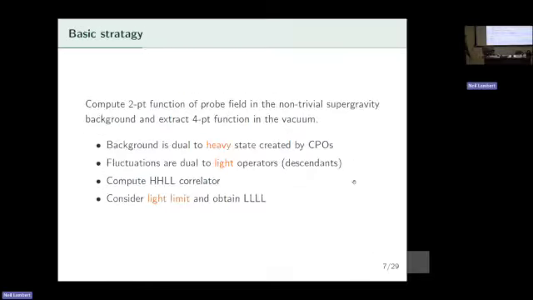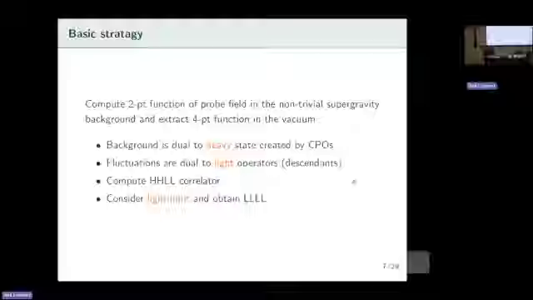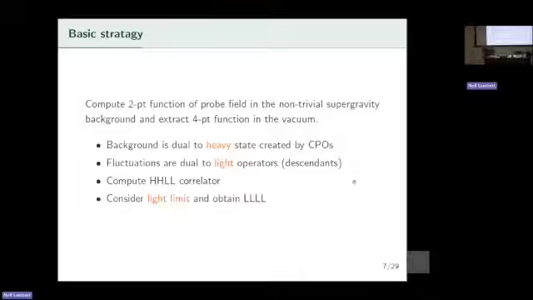So the idea of the method which I'm going to show you is the following. I will replace the computation of the 4-point function of operators in the vacuum by computing the correlator of light fields, which are dual to non-backreacting supergravity fields, on top of a non-trivial supergravity background, which will be dual to some heavy state in the theory.